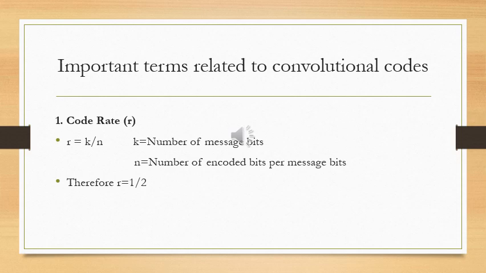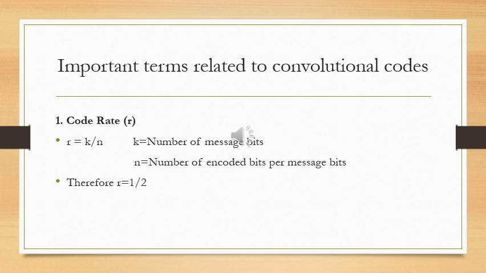Let us learn some of the important terms related to convolutional codes. First one is code rate, denoted by R. Now the small r is equal to small k divided by small n. What is this k? k is the number of message bits and n is the number of encoded bits per message bits.